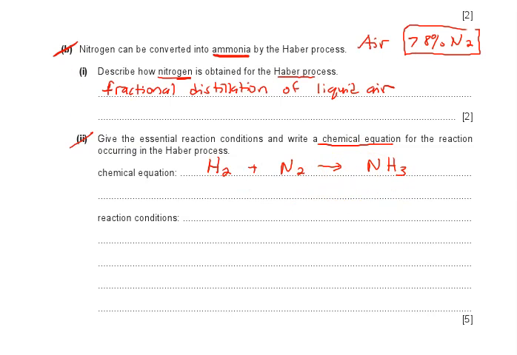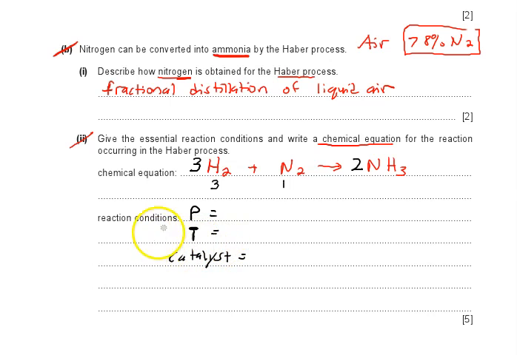When we balance this, nitrogen is 2, so we put here 2. So hydrogen will become 6 atoms over here, so here we have to put a 3. So the ratio here will be 3 to 1. For the reaction conditions, just remember, we have to put the pressure, the temperature, and most importantly the catalyst.